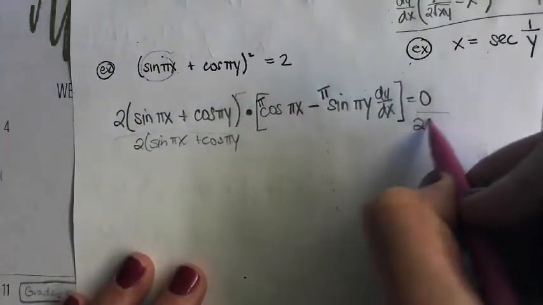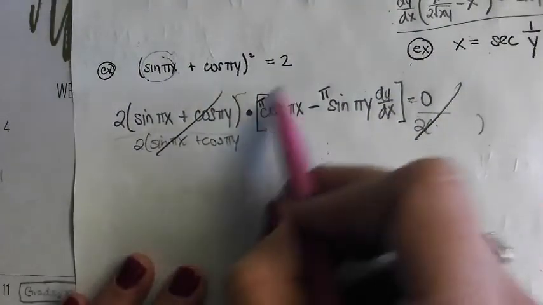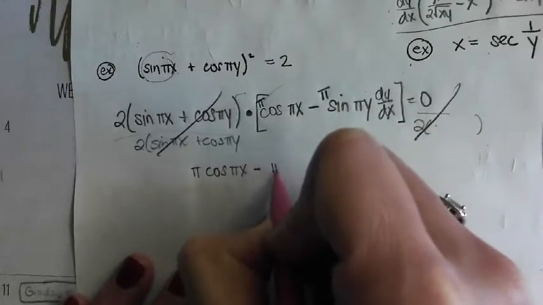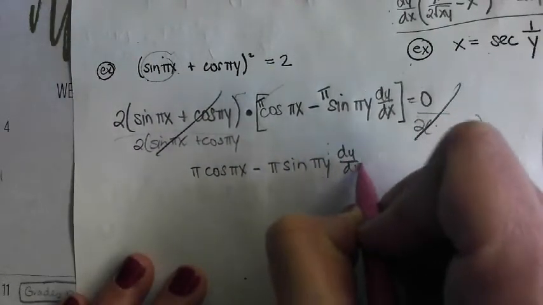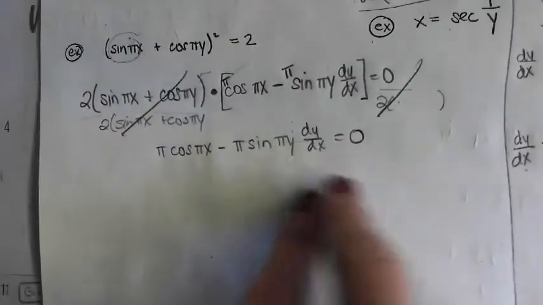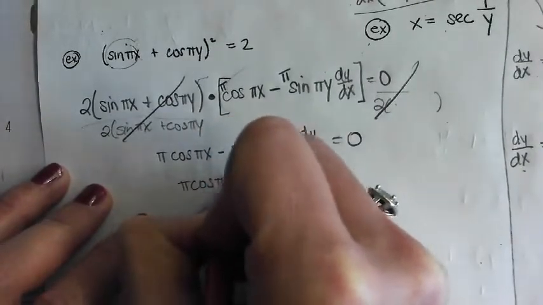If I divide by that on both sides, it's going to cancel. And then I'll just have pi cosine of pi x minus pi sine pi y dy/dx equals 0. I can add this over if I want. That's what I'll do because I like to keep everything positive.